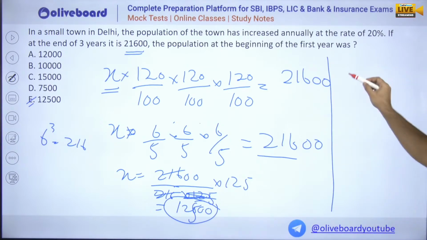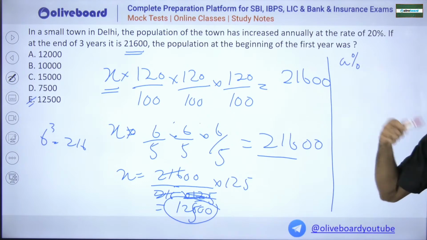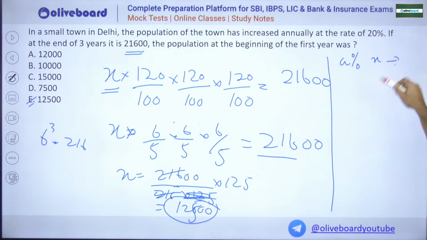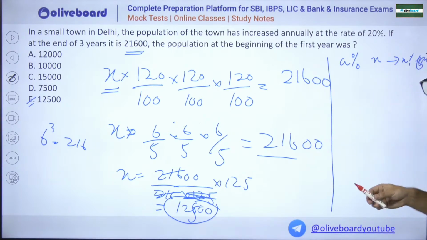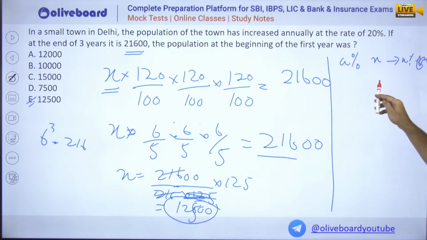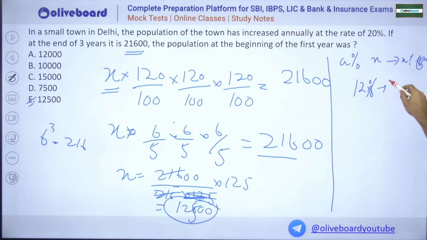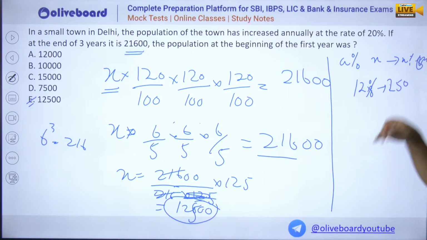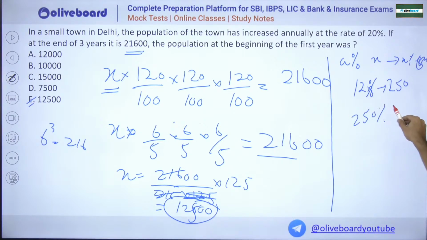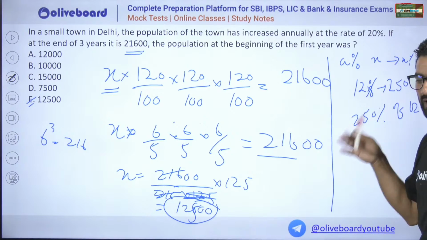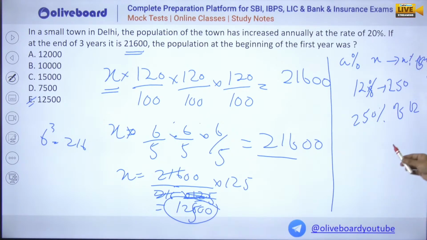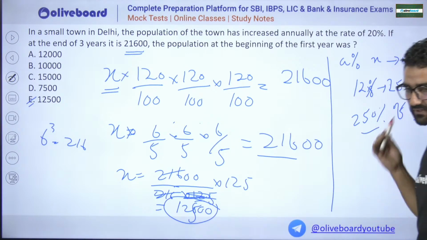If I have to calculate a percentile of X, sometimes if you feel it is difficult, you can calculate X percentile of A instead. For example, if I have to calculate 12 percentile of a bigger number like 250, sometimes it is quite good to calculate 250 percentile of this number 12. It's called a change in percentile.